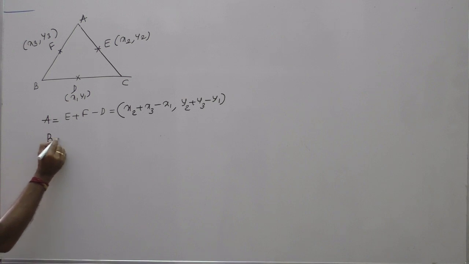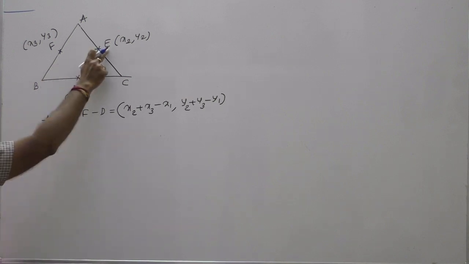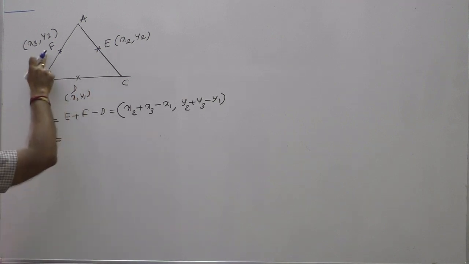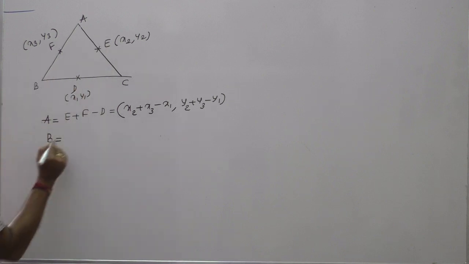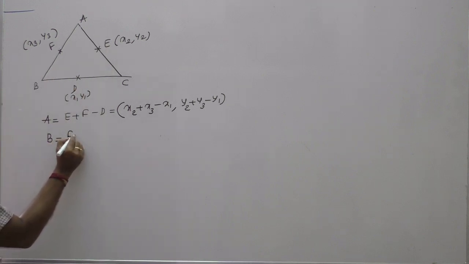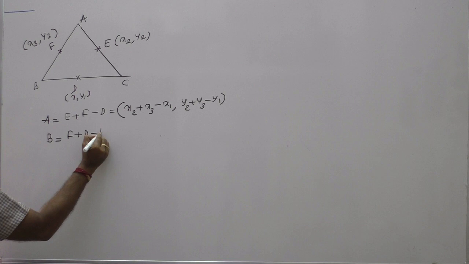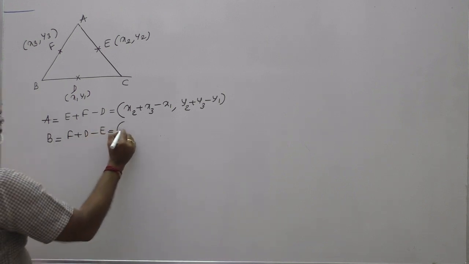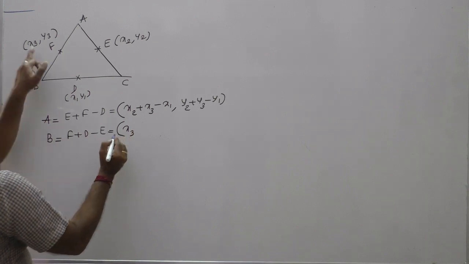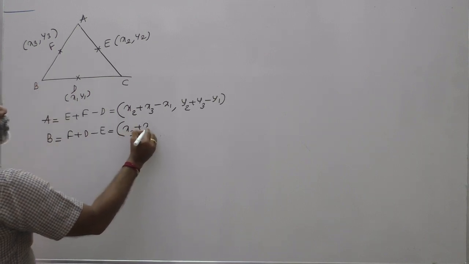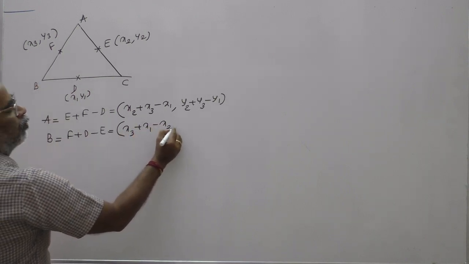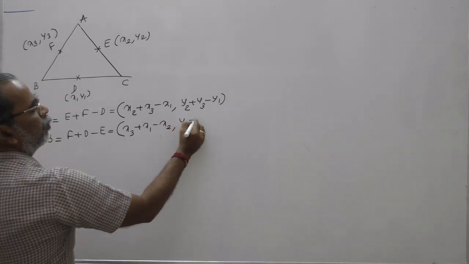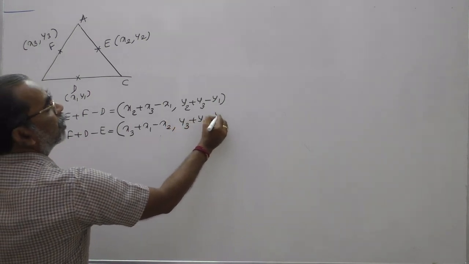Similarly, if I write vertex B, B is opposite to this, therefore sum of these two minus this, that is F plus D minus E. Using this property, we will write the coordinates, x3 plus x1 minus x2 and y3 plus y1 minus y2.